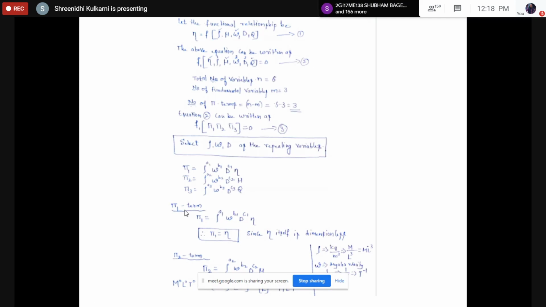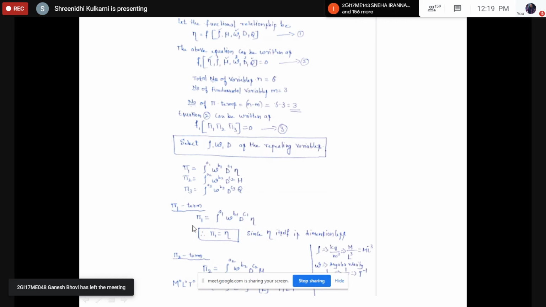While considering the pi 1 term, pi 1 is equal to rho to the power of a1, omega to the power of b1, d to the power of c1, and the one non-repeating variable, efficiency.